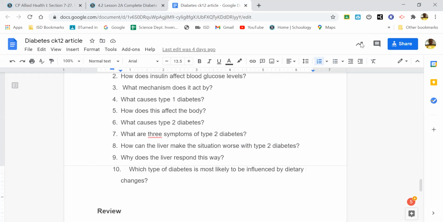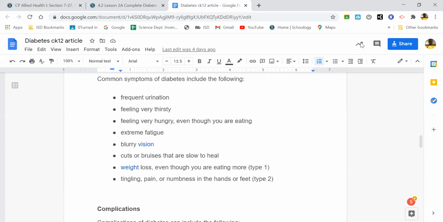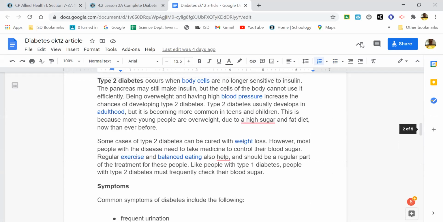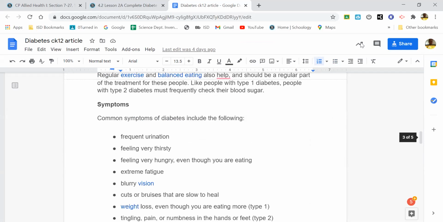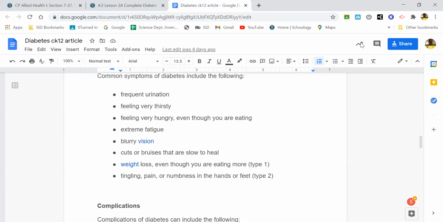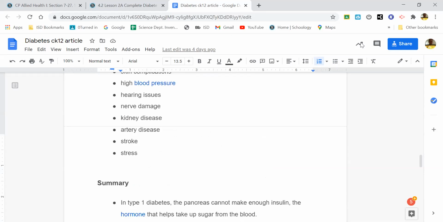So what are 3 symptoms of type 2 diabetes? 3 symptoms of type 2 diabetes would be frequent urination, tingling, pain, or numbness in the hands or feet, and feeling very thirsty.